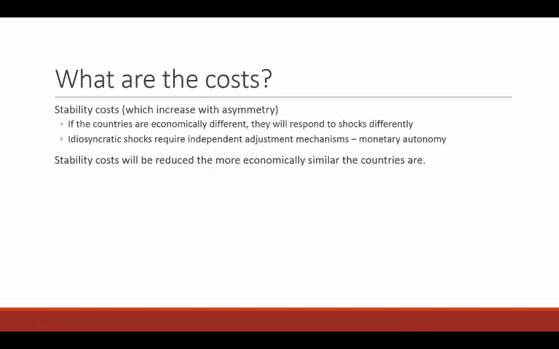But what are the costs? The costs are seen largely in the form of stability costs. Joining an OCA assumes that a single centralized monetary authority will oversee monetary policy. But what if countries within the OCA are very different, such that they respond to shocks differently?